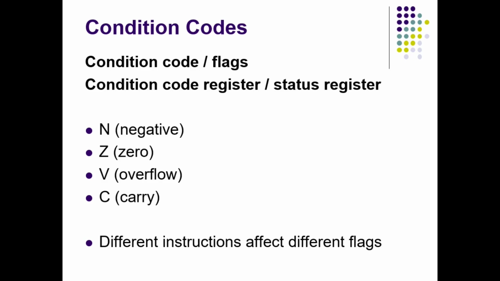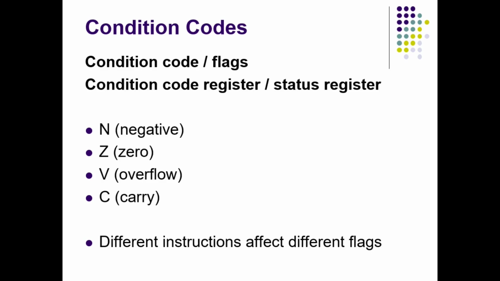The negative flag indicates whether the result obtained after execution of an instruction is negative or positive. If the negative flag is 1, the recently executed instruction's result is negative. If the negative flag is 0, then the result is positive. Similarly, the zero flag indicates whether the result is 0 or not.